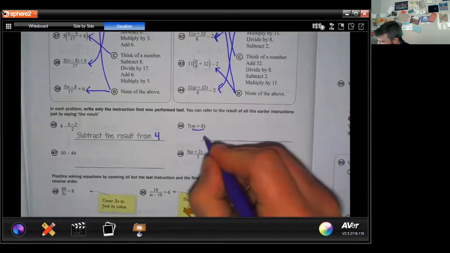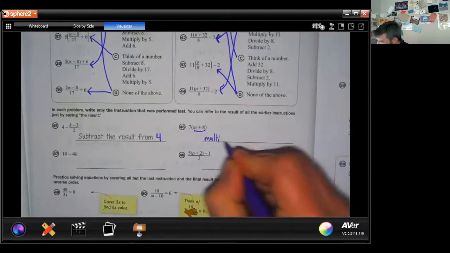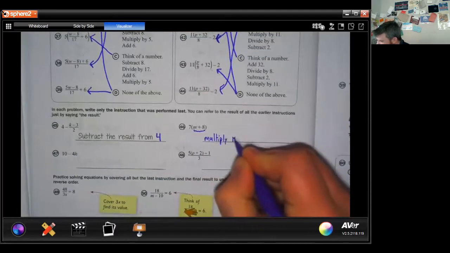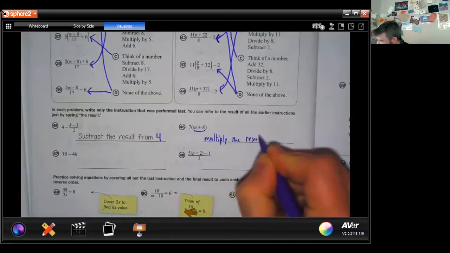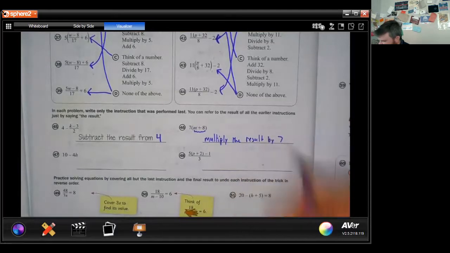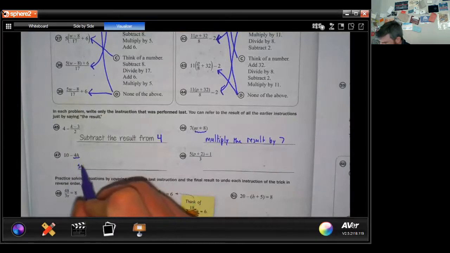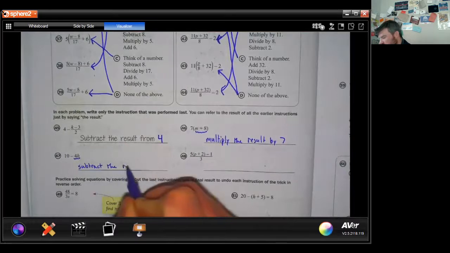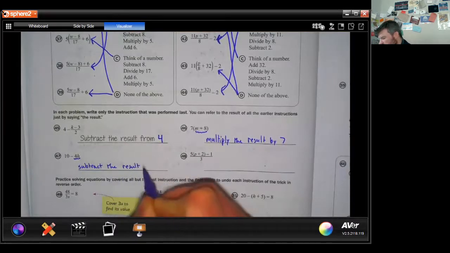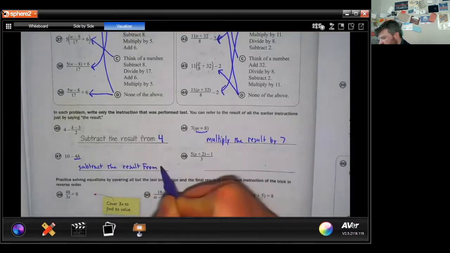So multiply the result by 7. Okay, right here's my result, and I'm subtracting it from 10. So subtract the result from 10.